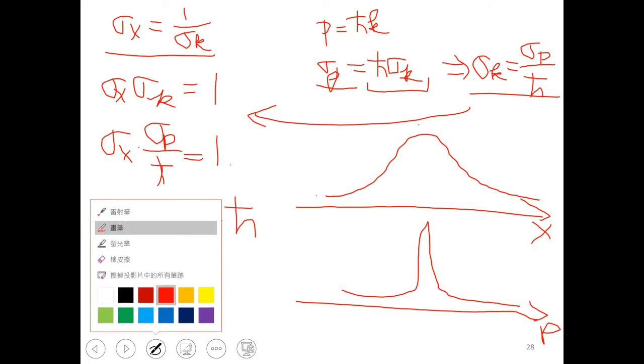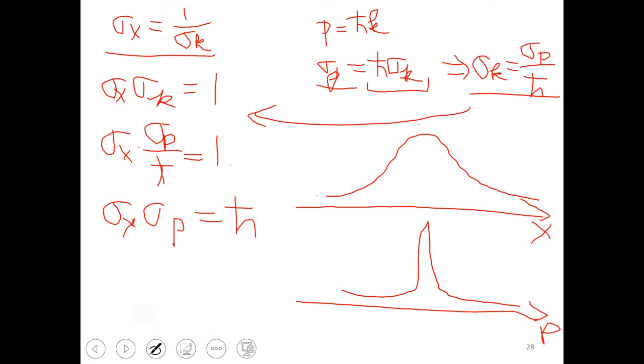If you really get an accurate x, then you get an inaccurate p. So this is the meaning of the Heisenberg uncertainty principle.